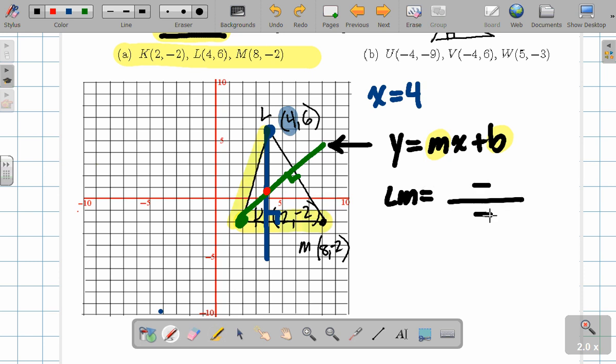Y minus y over x minus x. I'm going to draw my arrows so I stay consistent in my direction. Y minus y over x minus x. You guys double check my math, because if we mess up on a single step of the math, it's the end of the world as you know it.